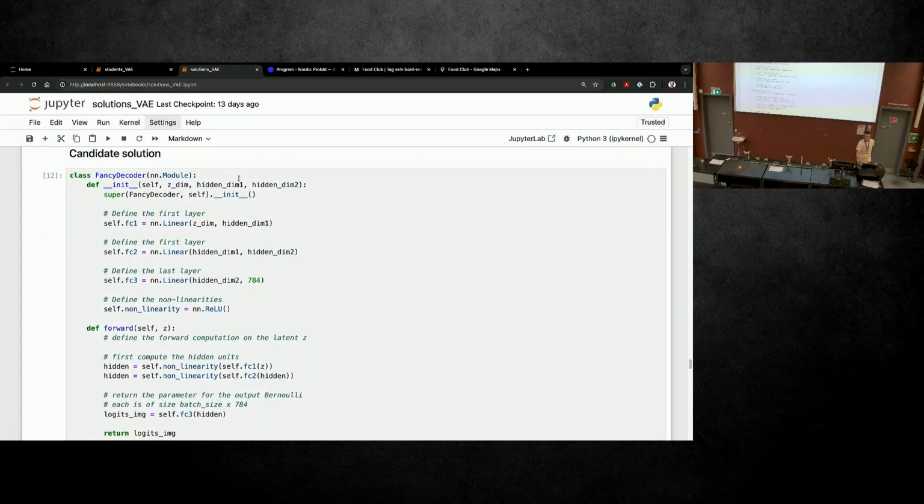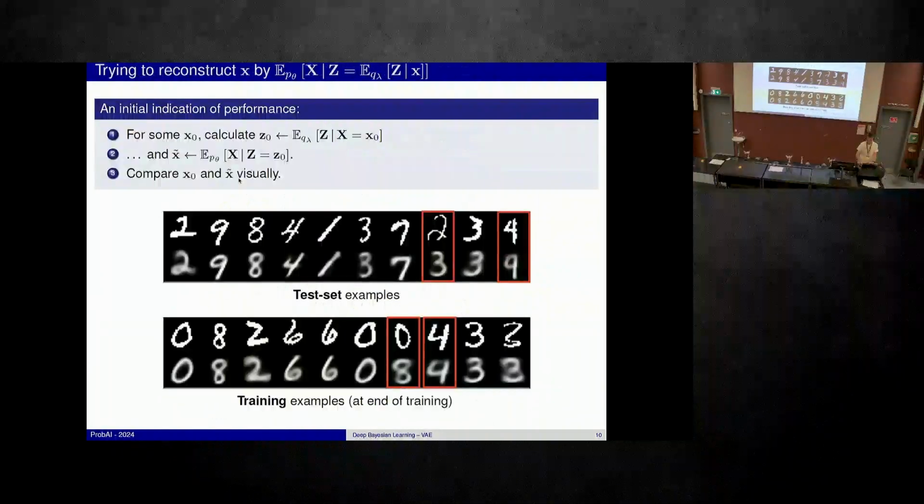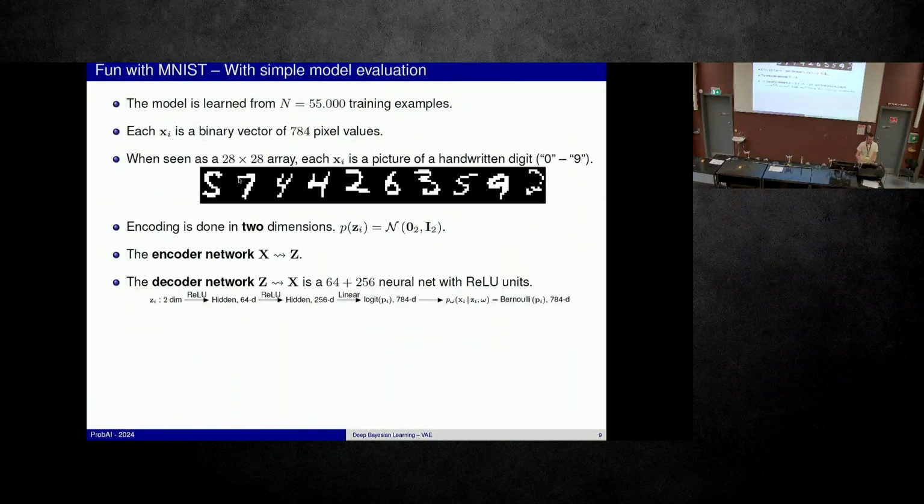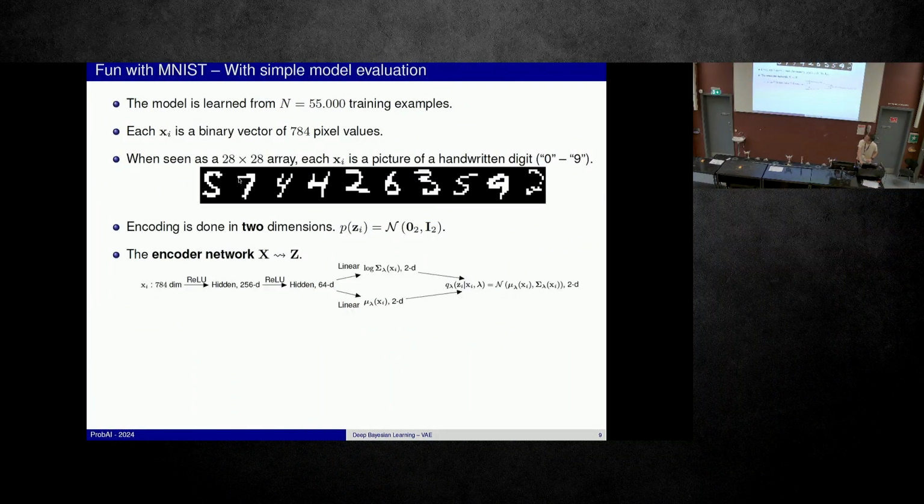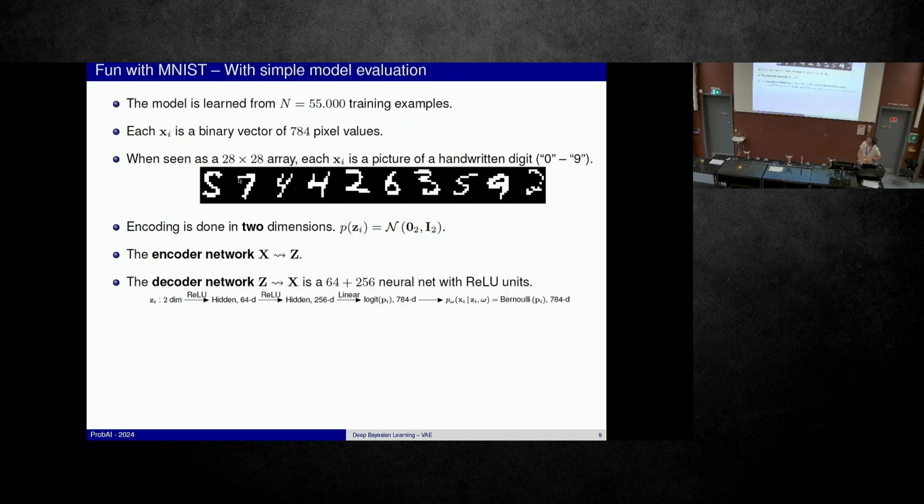So you were given the template for the fancy decoder and the fancy encoder. And what we have done to come up with something more fancy is to look at the slides and implement the encoder and decoder network that we have there.